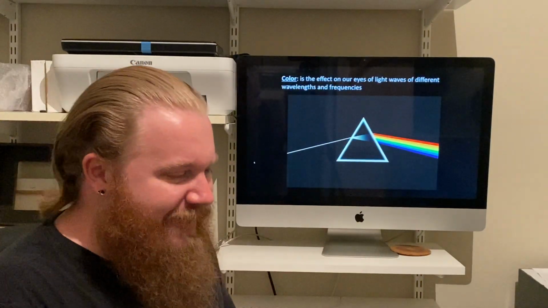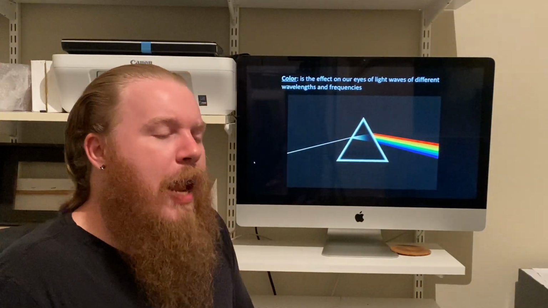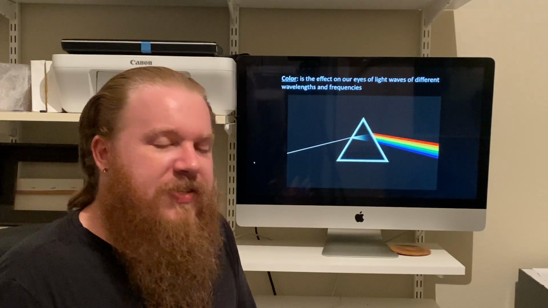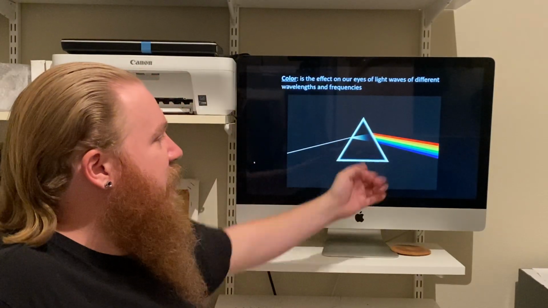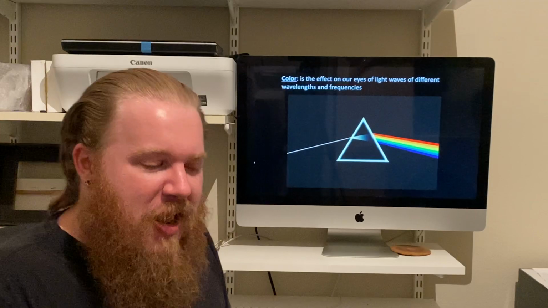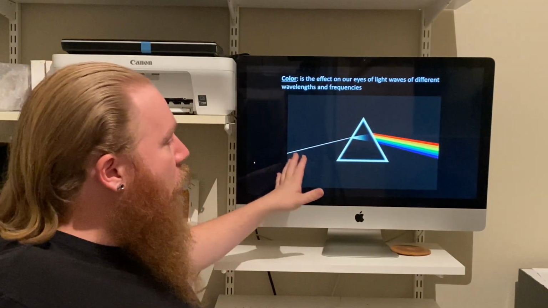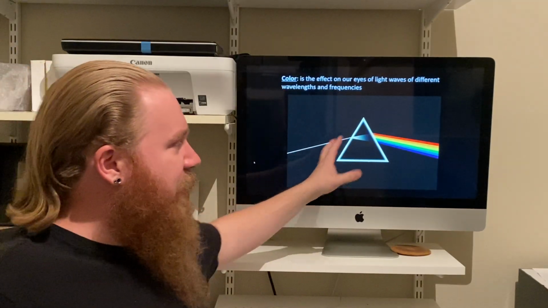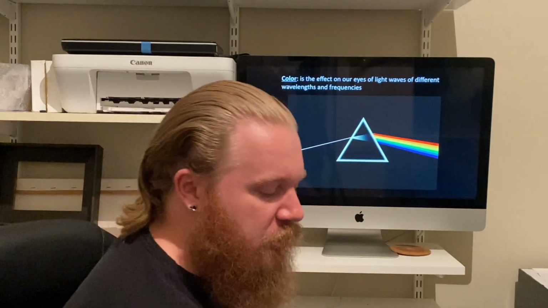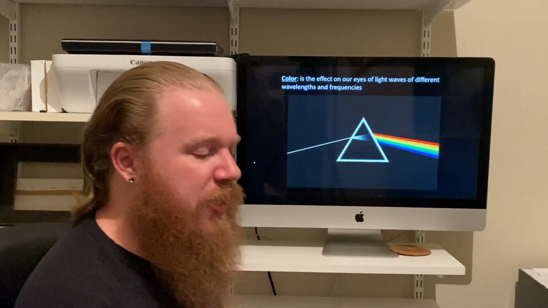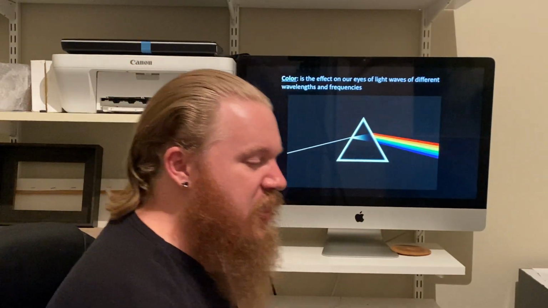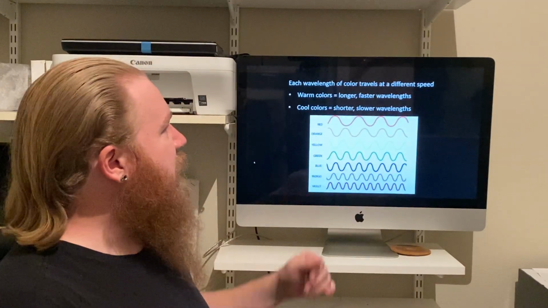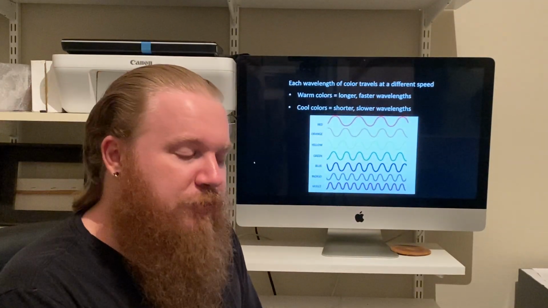Now, color is the effect on our eye of light waves of different wavelengths and frequencies, such as we see in the Pink Floyd Dark Side of the Moon album cover here. But all white light is made up of all color. It's just how we perceive those wavelengths of color, which allows us to see certain color. So, each wavelength of color travels at a different speed.